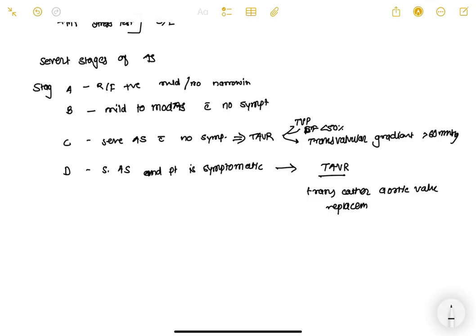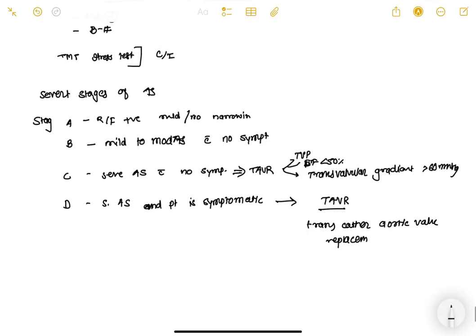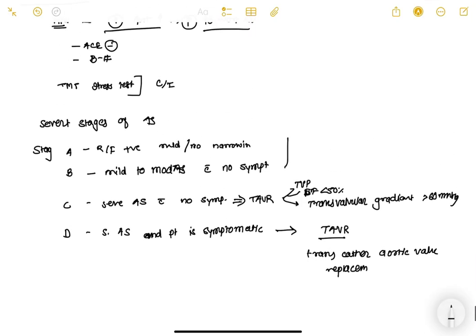So these are the treatment options that we can do. Here, there is also the treatment of controlling hypertension through ACE inhibitors and beta blockers.